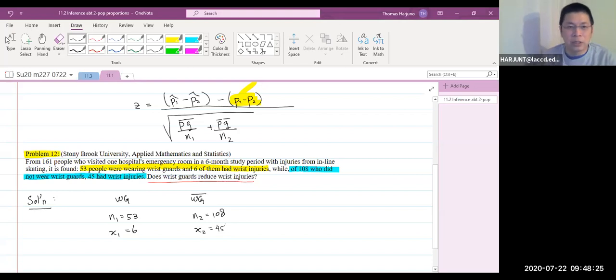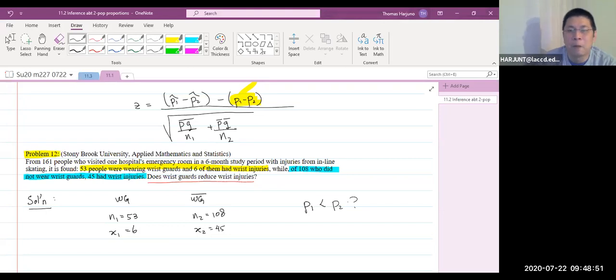The question is, do wrist guards reduce wrist injuries? So we want to see if P1 is less than P2, right? The proportion of wrist injuries in people wearing wrist guards is less than the proportion of people having wrist injuries when they do not wear wrist guards.